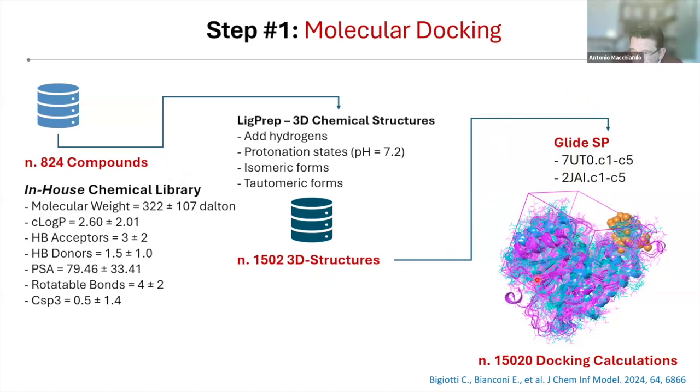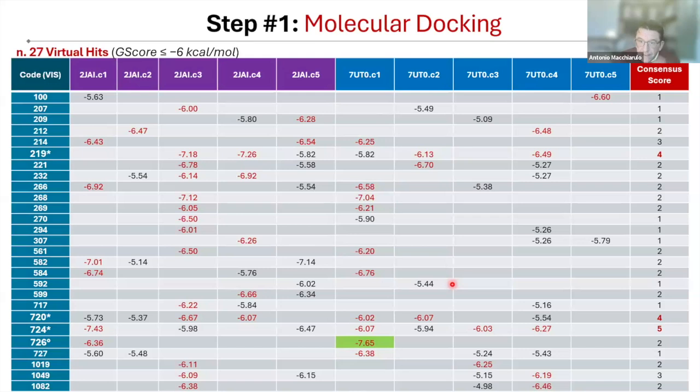And then we ran in total 15,020 docking calculations. And here are the results. Here we have the columns. Each column represents a different conformation of DDH1. And here the compounds that were selected since being able to match a G-score below or equal to -6 kilocalories per mole.